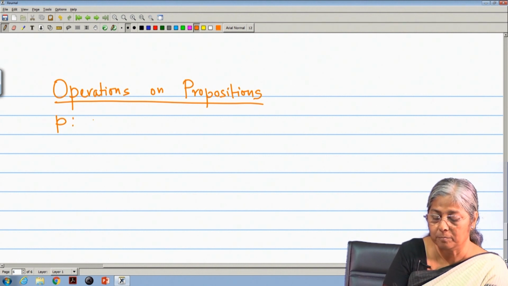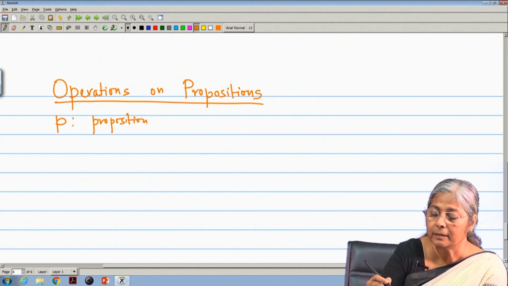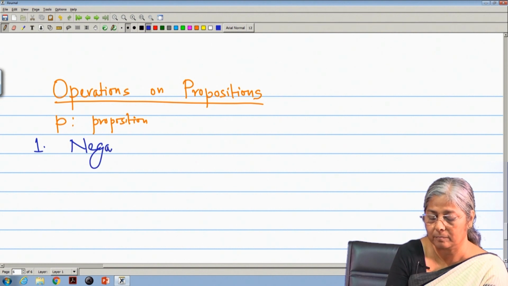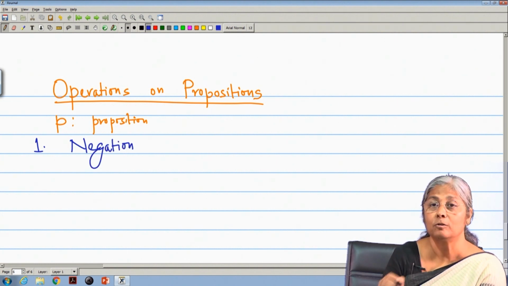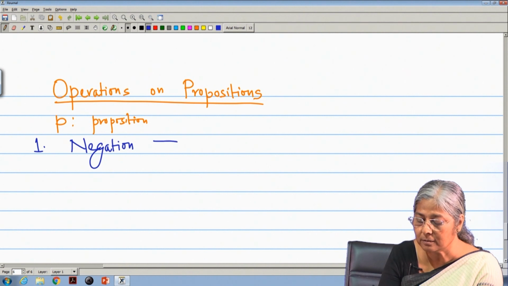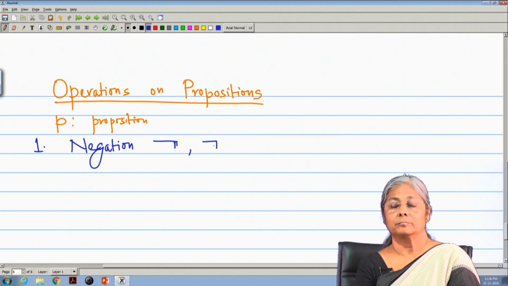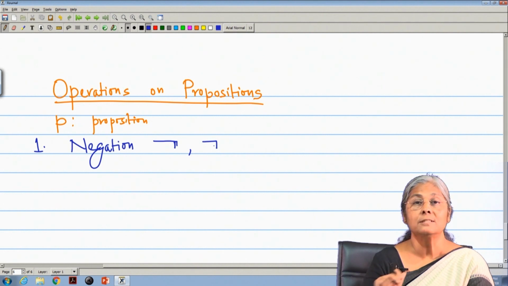Then the first operation we define is negation. We write it with this symbol.